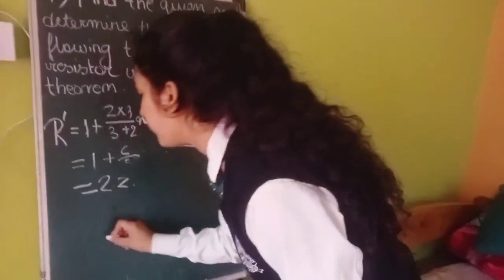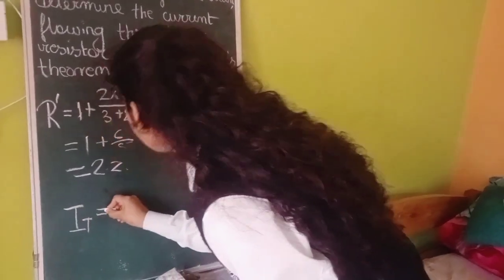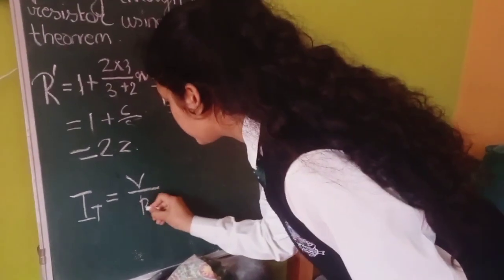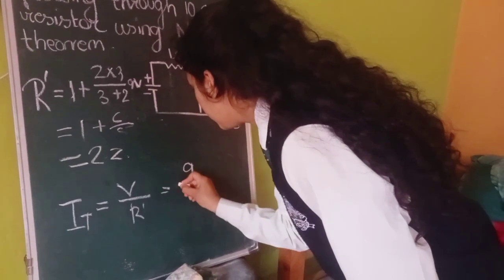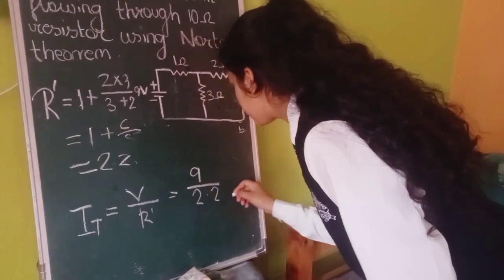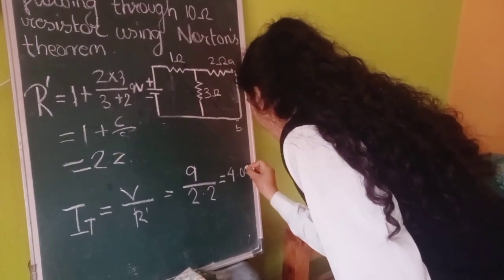So the total current IT is given by V divided by R dash. That is, here we have 9 divided by 2.2. When we solve it, we get 4.09 ampere.